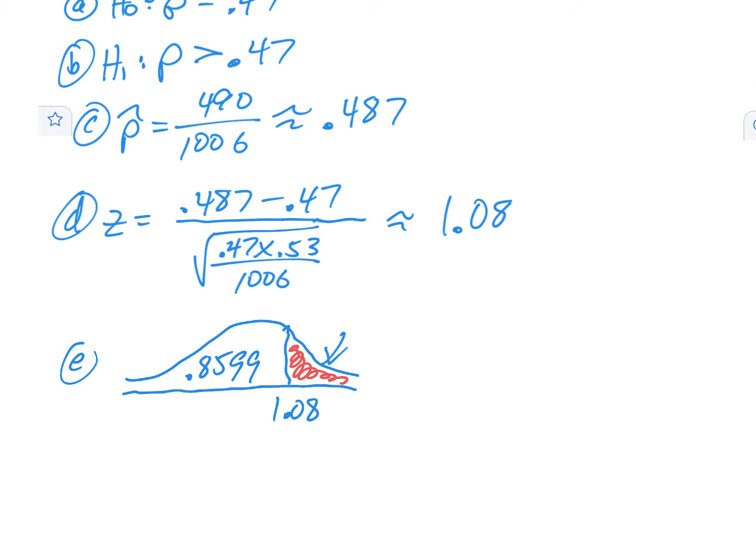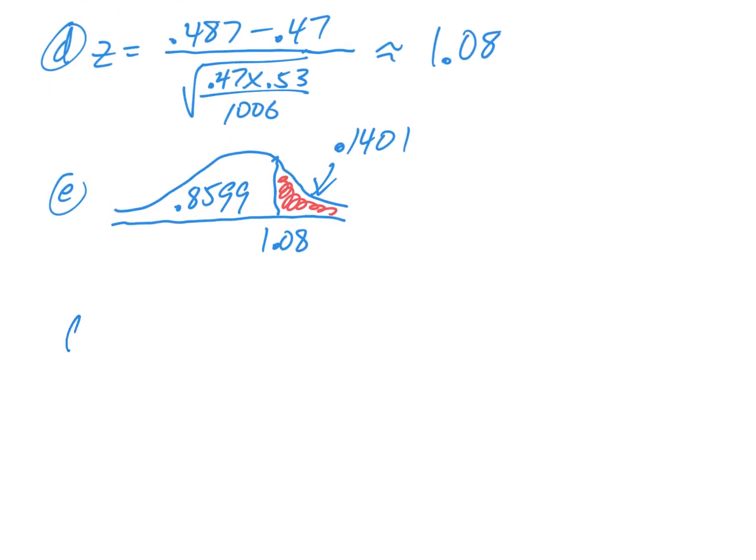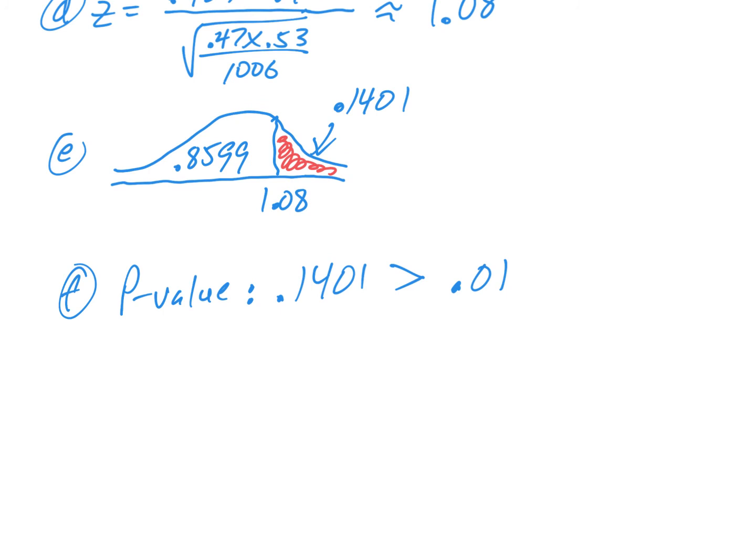This little piece is 0.1401. That, ladies and gentlemen, is your p-value. You don't have to double it because it's not a two-tail. So that means our p-value is 0.1401. We're comparing it to 0.01. So, ladies and gentlemen, it's another what? Another greater than. So if it's another greater than, we're going to use the same words we use.